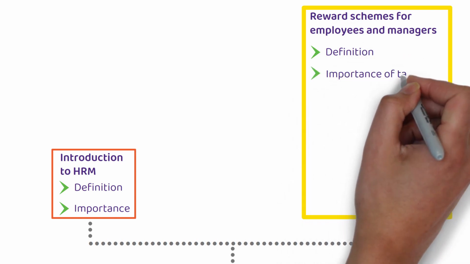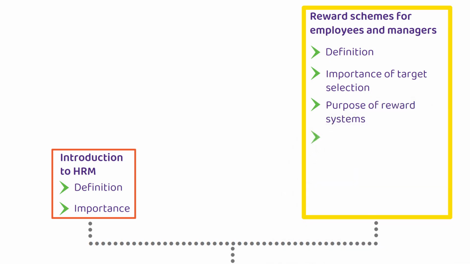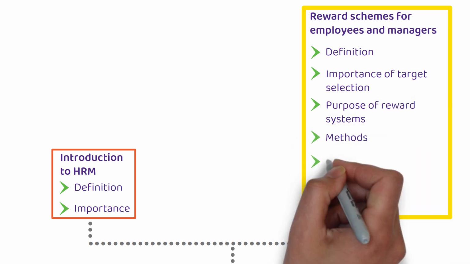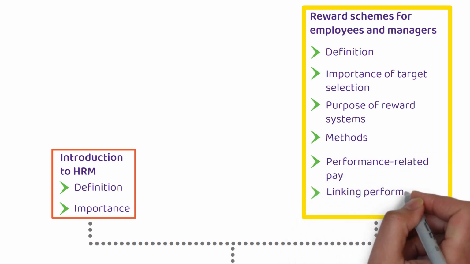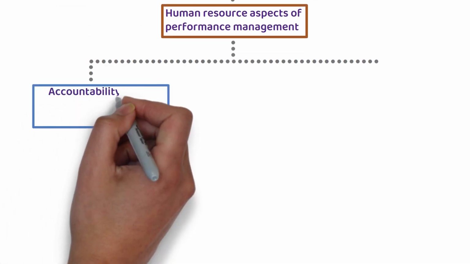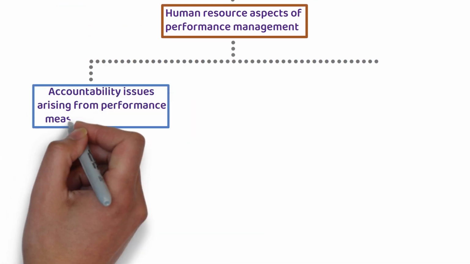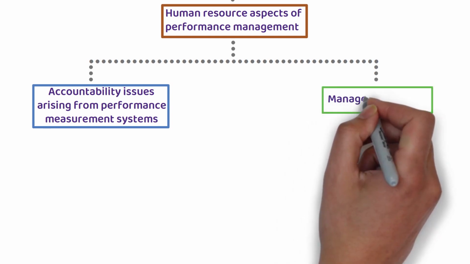Importance of target selection. Purpose of reward systems. Methods. Performance-related pay. Linking performance and rewards. Accountability issues arising from performance measurement systems. Management styles.